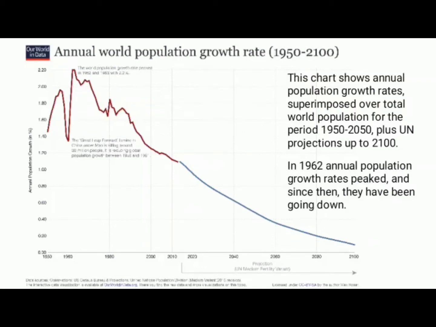In 1962, annual population growth rates peaked, and since then they have been going down. The annual growth rate of the world population reached 2.2% in 1962.